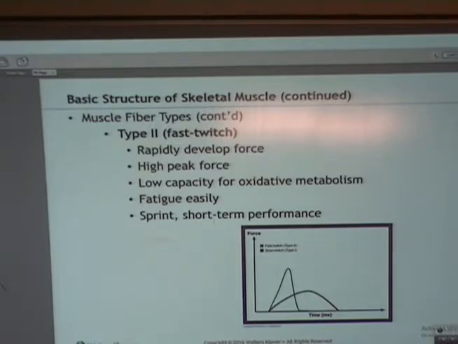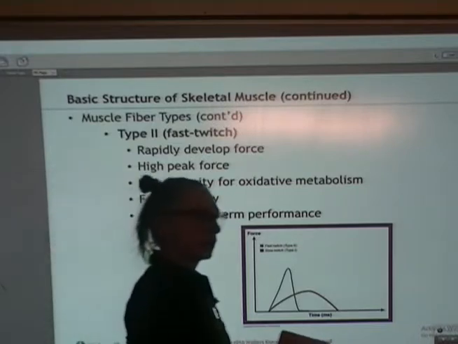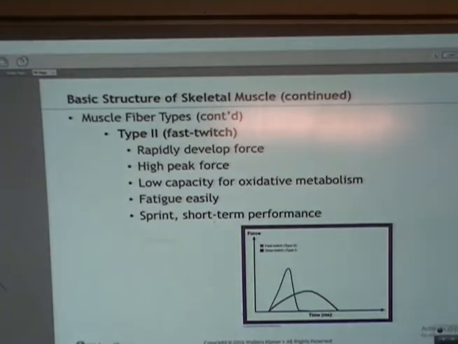Yes, ma'am? So why aren't they called fast twitch and slow twitch? Most of them are. I should know that, shouldn't I? I don't know. When I was an undergrad, they were fast and slow twitch. By the time I got to grad school, which was a long time later, 20 years, they were no longer slow and fast, they were type 1s and type 2s.